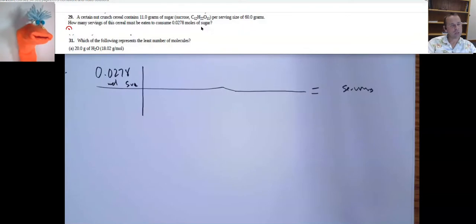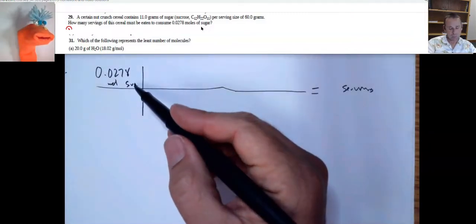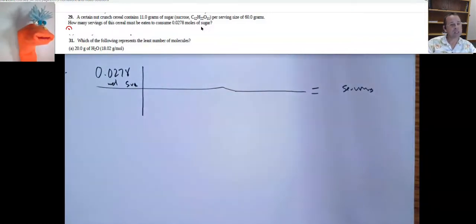Okay, C12H22O11. So each serving size gives me 60 grams of cereal, and there are 11 grams of sugar. A certain Nut Crunch contains 11 grams of sugar per serving size of 60 grams.